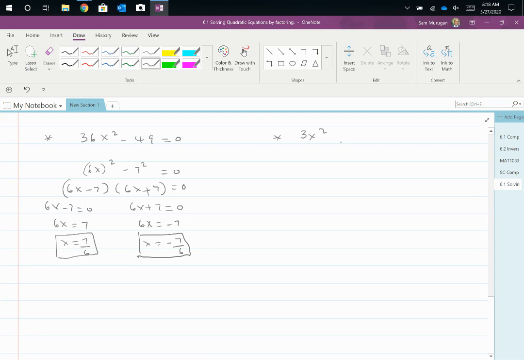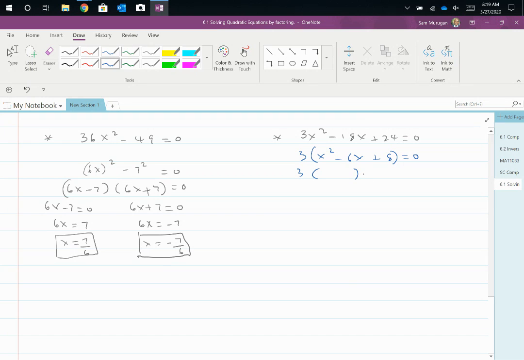3x squared minus 18x plus 24 is equal to 0. So observe that in this equation, 3 can be factored out to give x squared minus 6x, 3 sixes are 18, plus 8, 3 eights are 24, equal to 0.